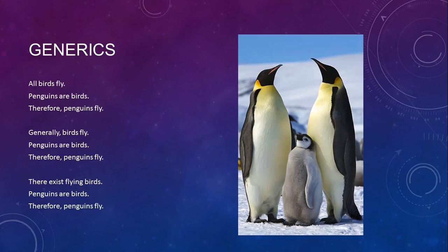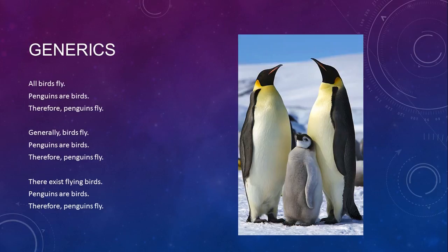Now, generally birds fly, penguins are birds, therefore penguins fly. Is that valid or invalid? Say again? It's invalid. Generally birds fly is true, right? Generally speaking, birds fly. Everyone agrees to that?